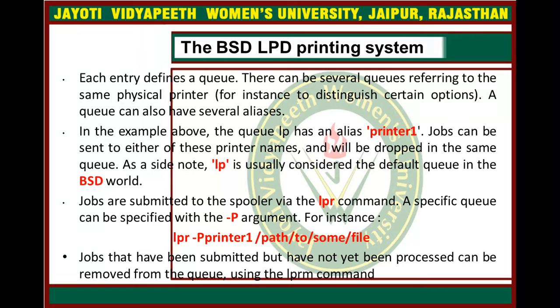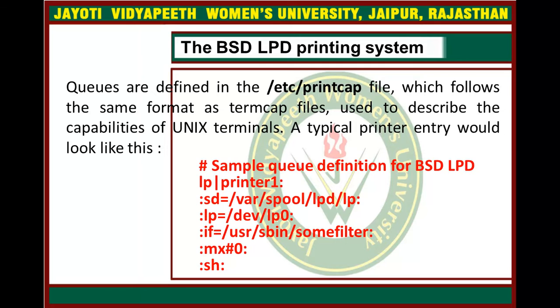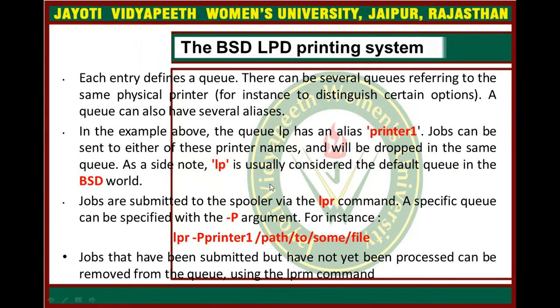So in the above example, the queue lp has an alias printer1. Jobs can be sent to either of these printer names and will be dropped in the same queue. As a side note, lp is usually considered the default queue in the BSD world.